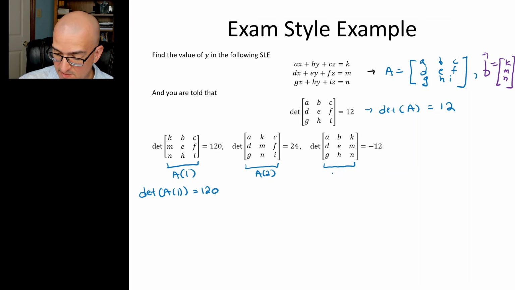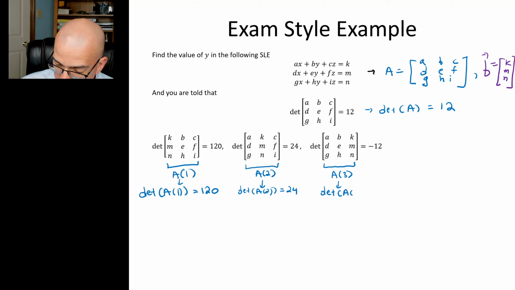So this is A3. So that we have determinant of A2 is equal to 24, and then the determinant of A3 is equal to negative 12.